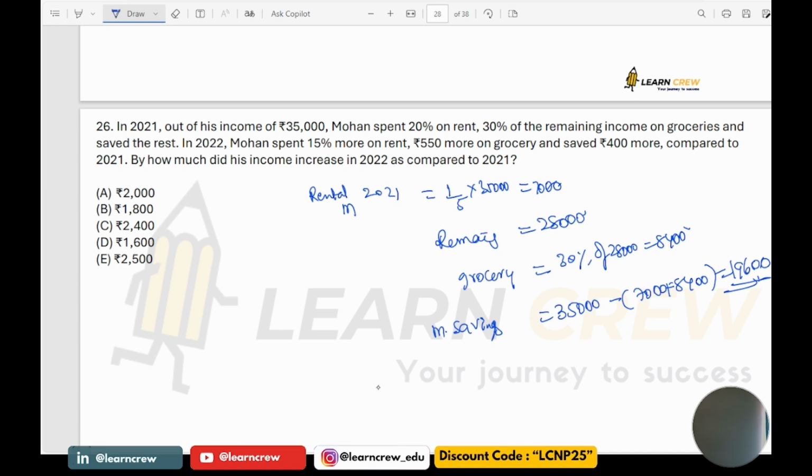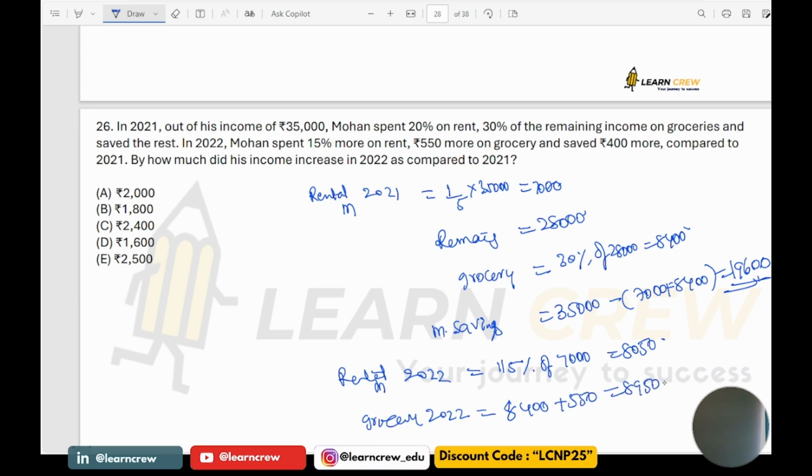So now in 2022, Mohan's rental expenses would be increased by how much? 15 percent. So it is 115 percent of 7,000, which is 8,050. Similarly, grocery expenses in 2022 is how much? 8,400 plus 550, which is 8,950.